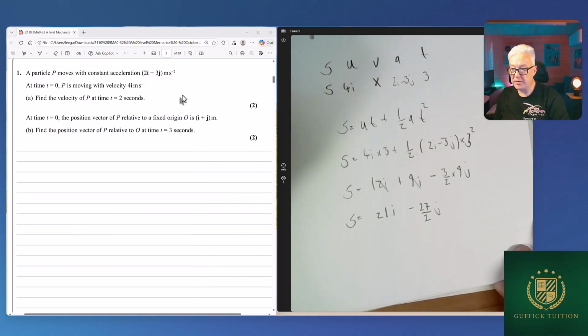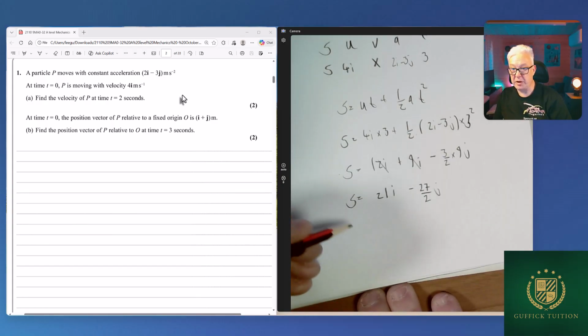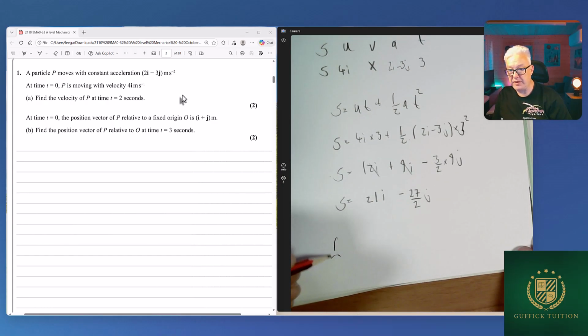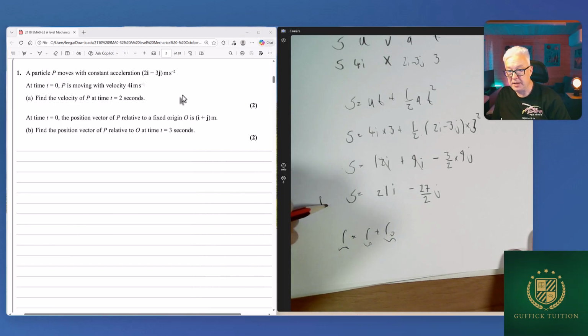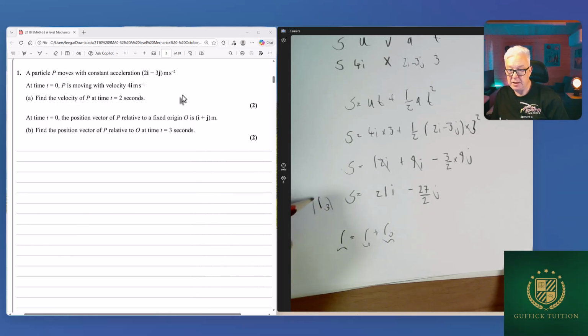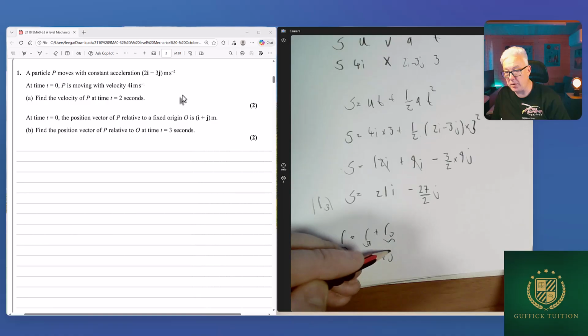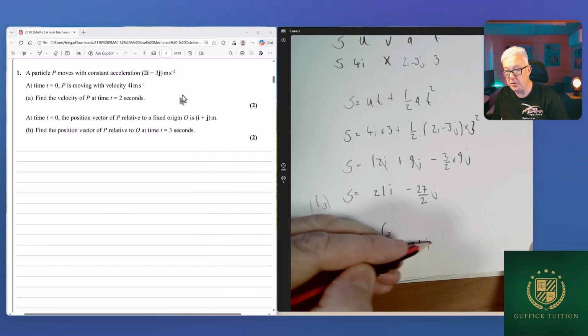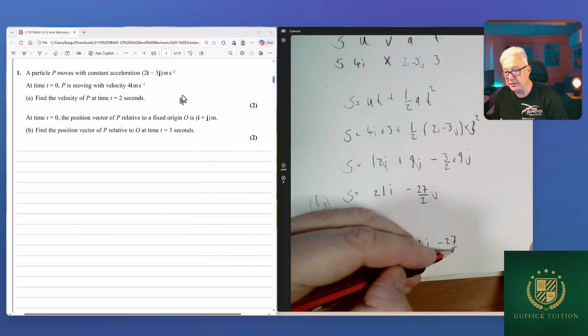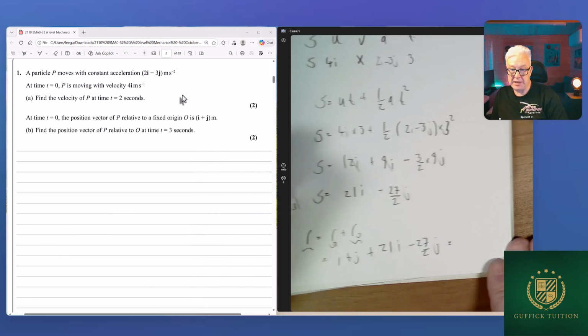Now that's how far it moves from that point to that point. But the distance from the origin, we could write down that the position vector is equal to R0 plus R3 that we've just found, and this is the R3. So the R0 was the point i plus j where it started off, plus what it's moved here, which is 21i minus 27 over 2j. And let's see what that's going to give.